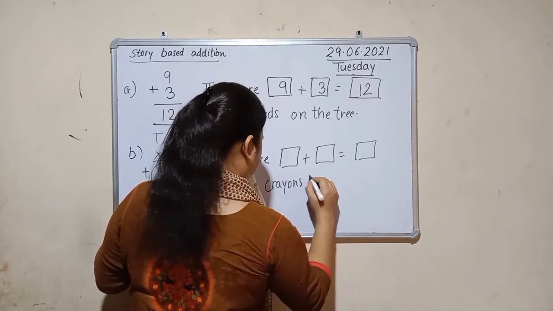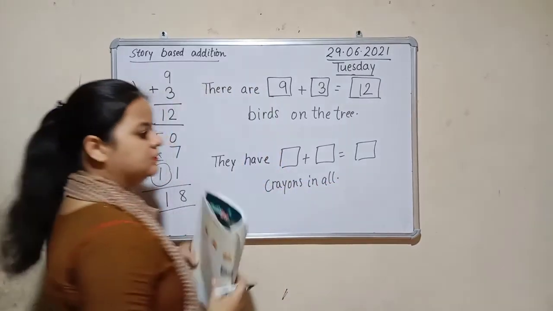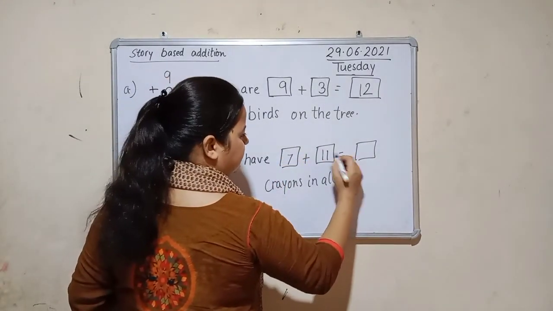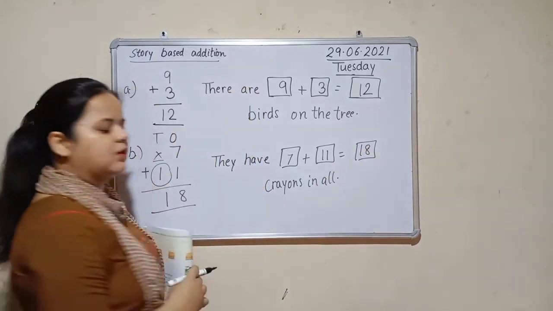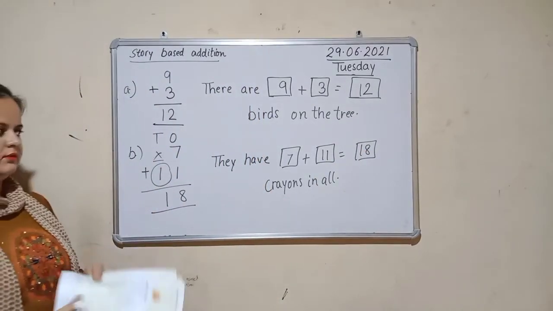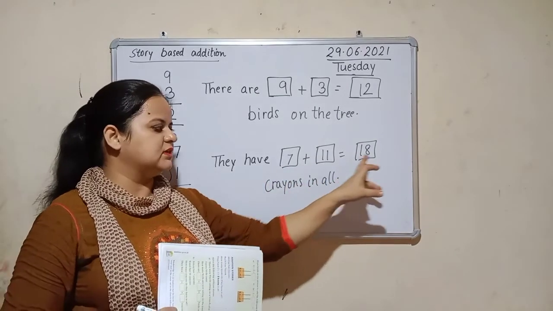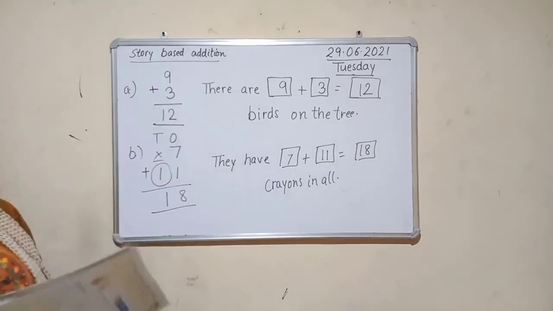They have 7 plus 11 is equal to 18 crayons in all. Like this you have to fill the boxes.